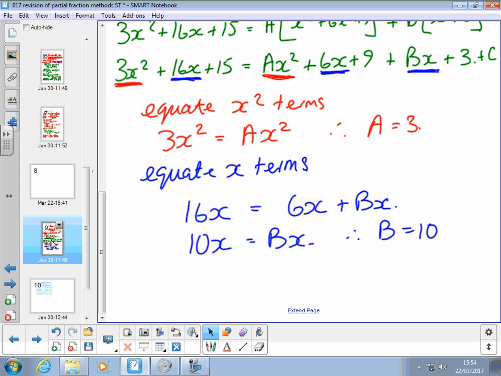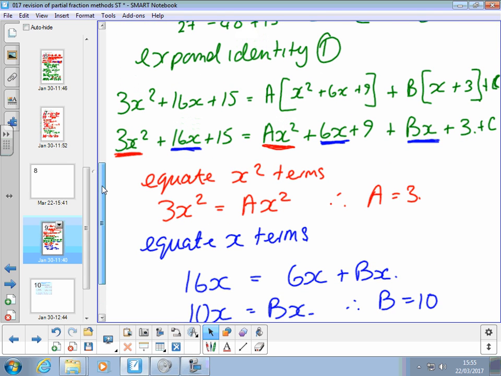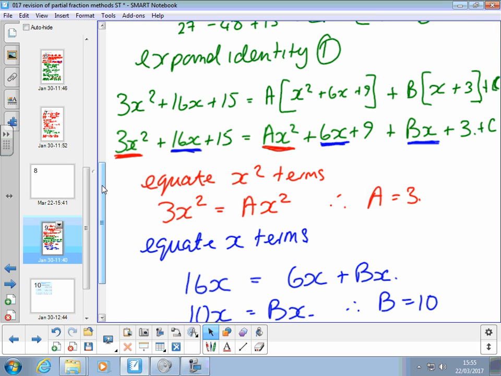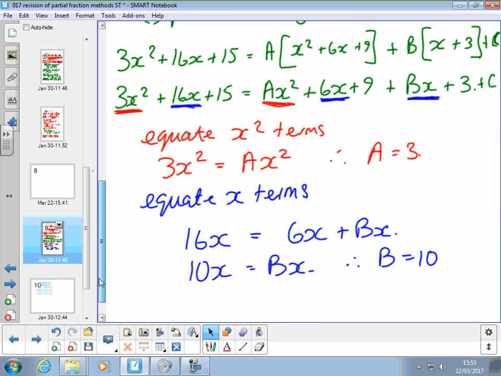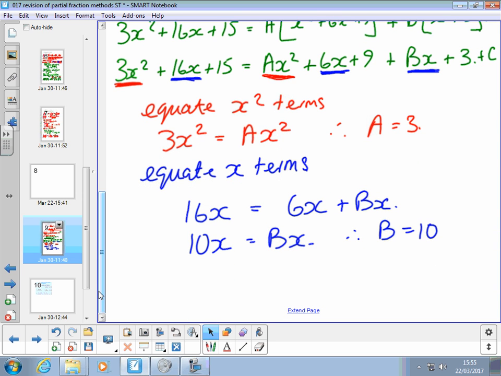Have I missed an x term somewhere? I've taken 6x from both sides. I make 10x that side, don't I?